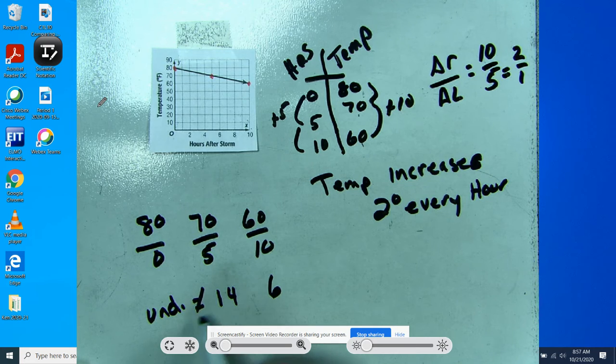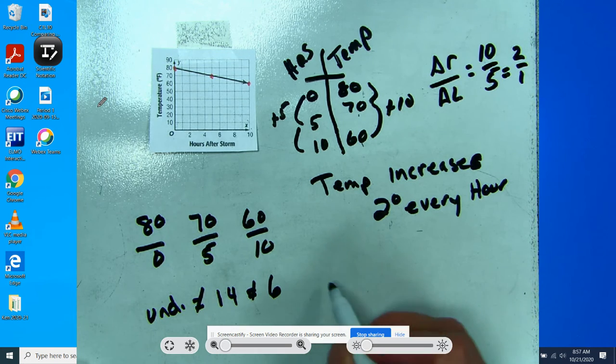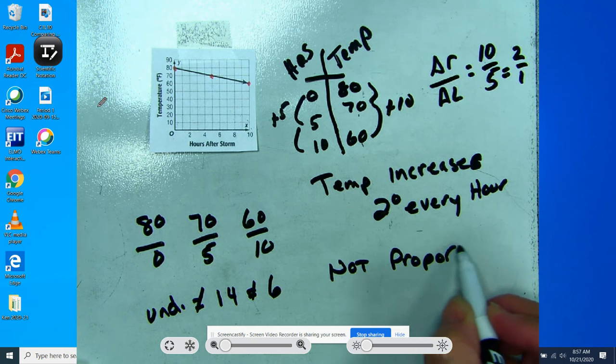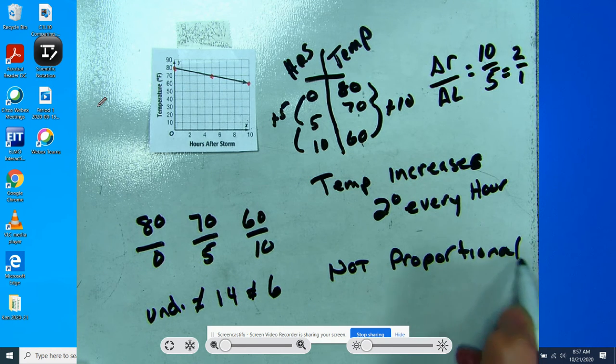These are not equal, so this is not proportional. Okay, not proportional.